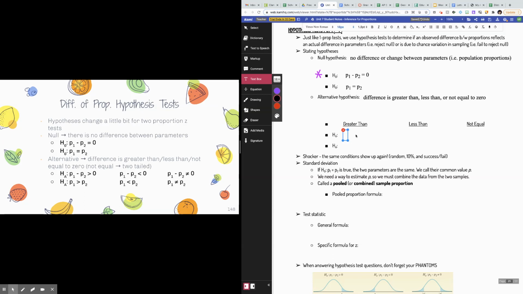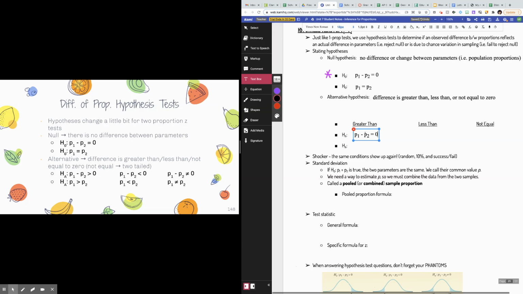For your greater than hypotheses, you can either write it as P1 minus P2 is greater than 0, or you can write it as P1 is greater than P2.